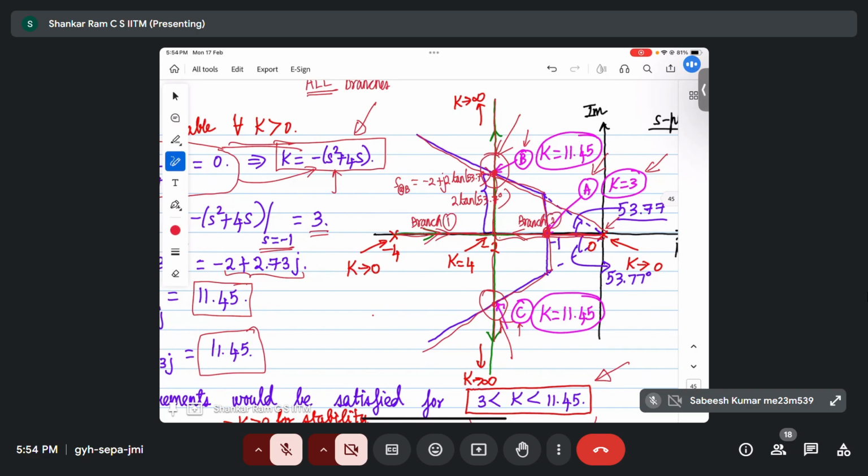What you are saying is that the portion of branch 1 on the real axis is always within this open trapezoid. Does it mean that it satisfies performance completely? No, because one half of branch 2 lies outside the open trapezoid. That is why we figured out k greater than 3 as one limit. I hope that answers the question. Clear, sir. Thank you, sir.